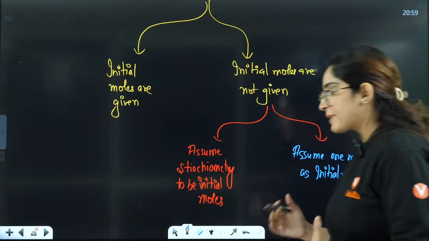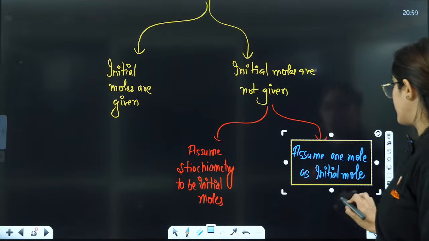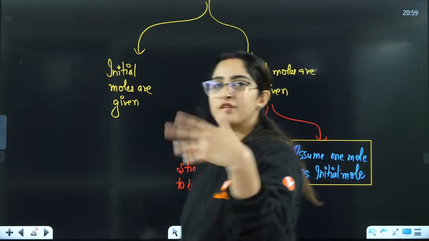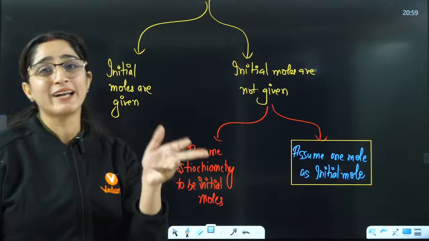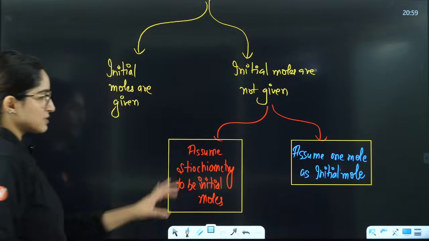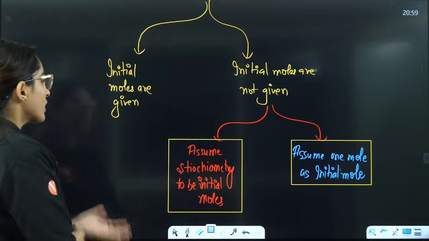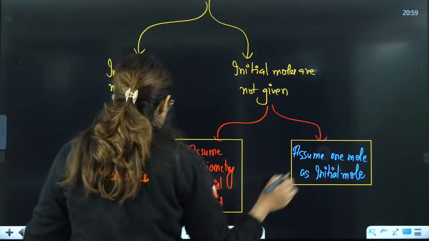Now what I prefer is taking 1 mole as the initial mole, right? Otherwise, different stoichiometries will be there, and you might end up getting confused. But you should also know that we take this too. This will help you in ionic equilibrium as well, right? Okay, so this is the overall structure.